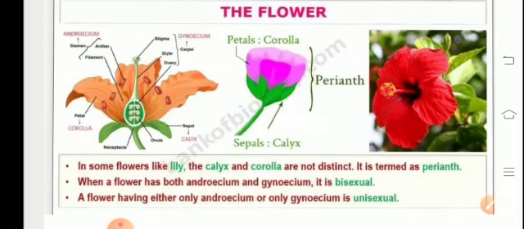A unisexual flower plant is dioecious. That means the male and female are present on different plants, like papaya and date palm. Whereas monoecious plants bear both kinds of flowers on the same plant. Examples: colocasia, castor, maize, pinus, coconut, cucumber. There are many to cite.